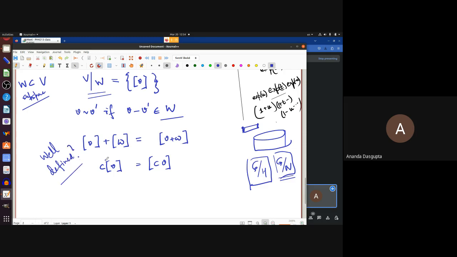Well defined means if instead of taking V, you have taken V prime from the same equivalence class, and W prime from the same equivalence class, then you would have got V prime plus W prime instead of V plus W. And you would have to show that the equivalence class of V prime plus W prime is the same as the equivalence class of V plus W. In other words, this is a well-defined definition. It doesn't matter which element of the class you pick. Same for this.